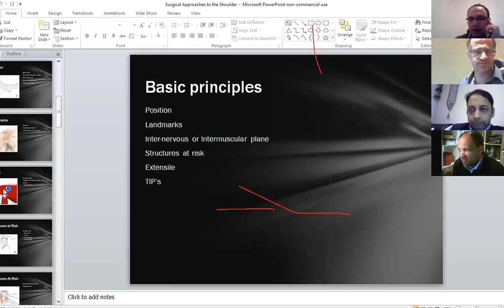But roughly, I think I found the answer. The distance from the top of the prosthesis to the upper border of the pec major should be 6 centimeters, so 2 inches and a bit. Yes, the superior margin of the pec major.